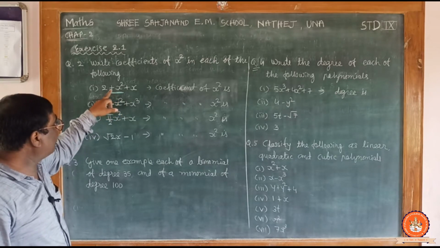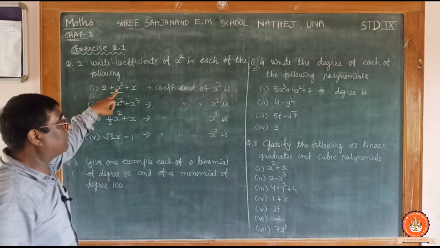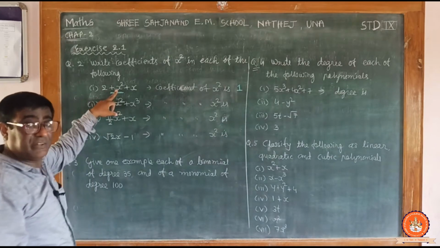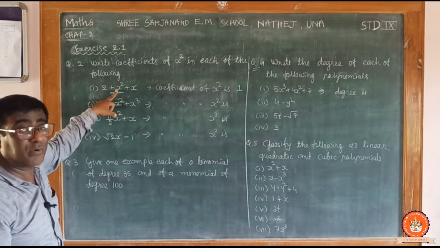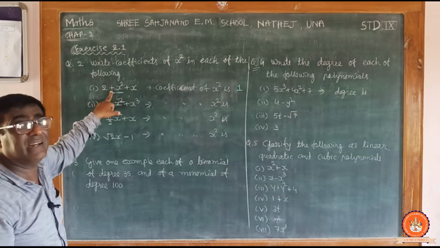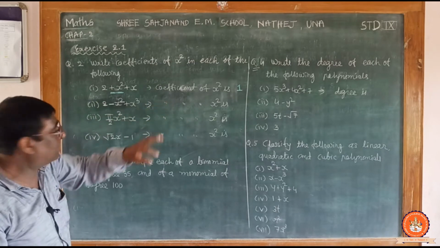You do not find any number here, so the number must be 1. If you don't see any number multiplied with the variable, it is always 1 there. If there is a negative sign, then it is minus 1. So plus 1, that's why it is 1 there.